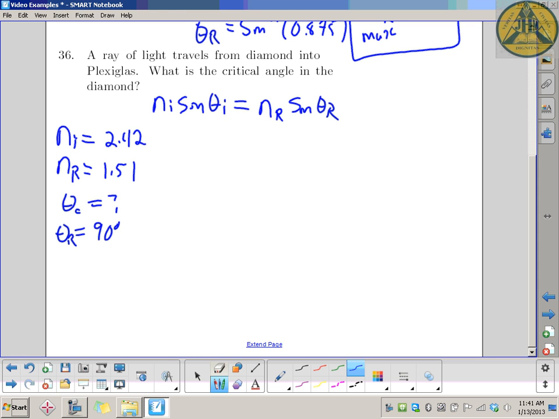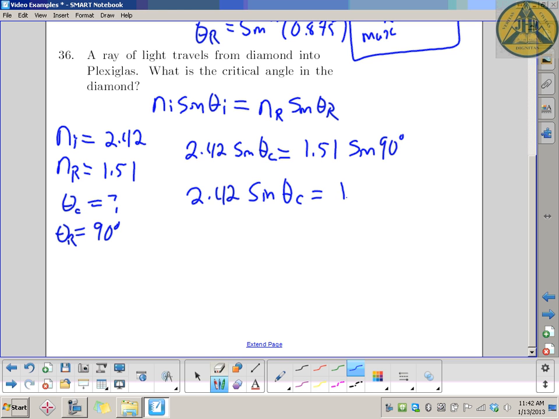So putting everything together, 2.42 sine theta C, critical angle, equals 1.51 sine 90. And sine of 90 is 1. So 2.42 on the left. Sine of my critical angle is 1.51.